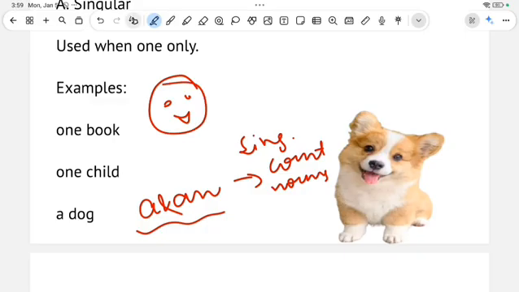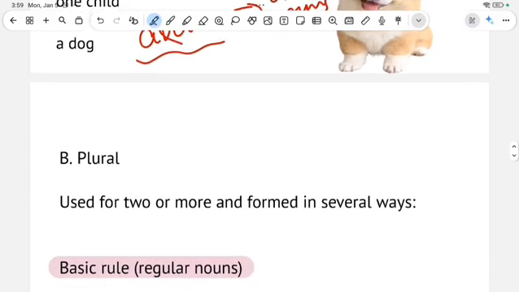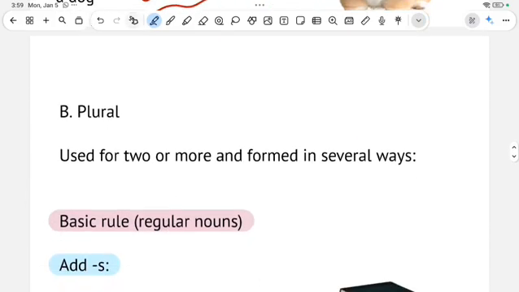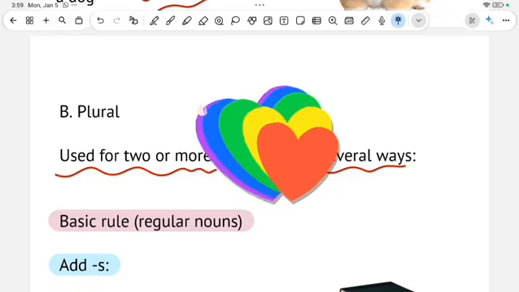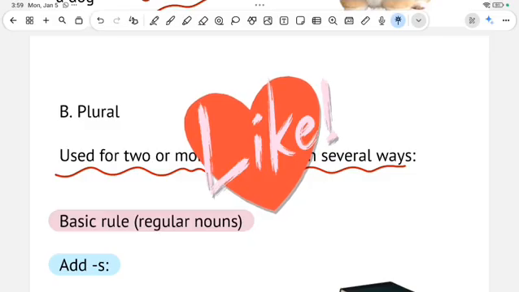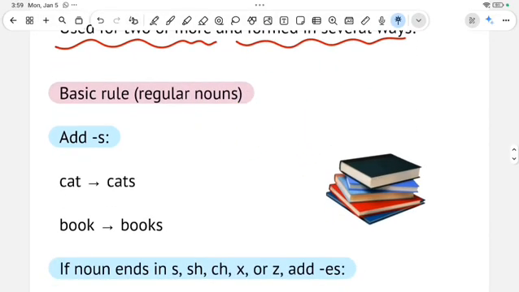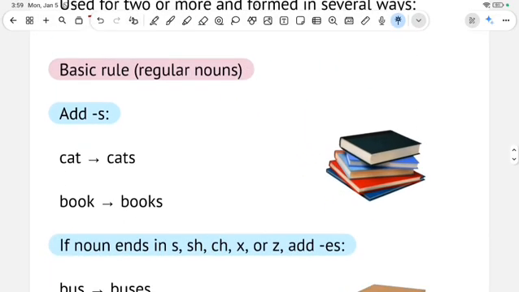Now let's talk about its plural form. Plural noun means used for two or more and formed in several ways. As you can see, if there is more than one thing or person, we use s or es. But when we have to add s or when we have to use es, we all become very confused, right?